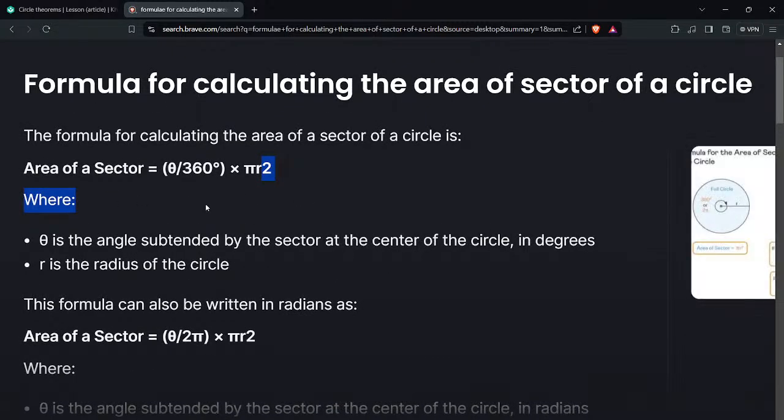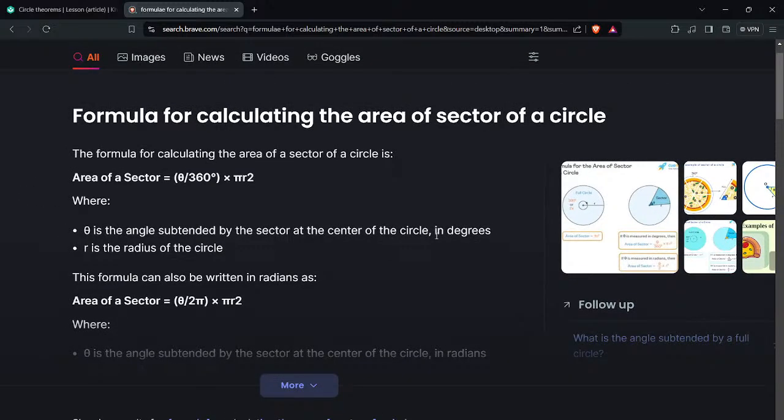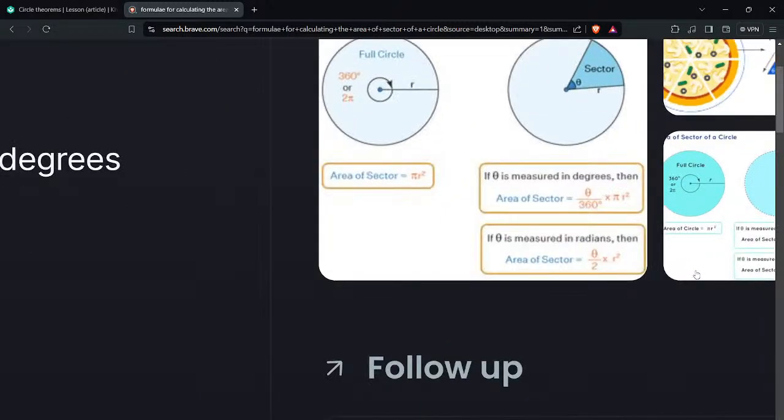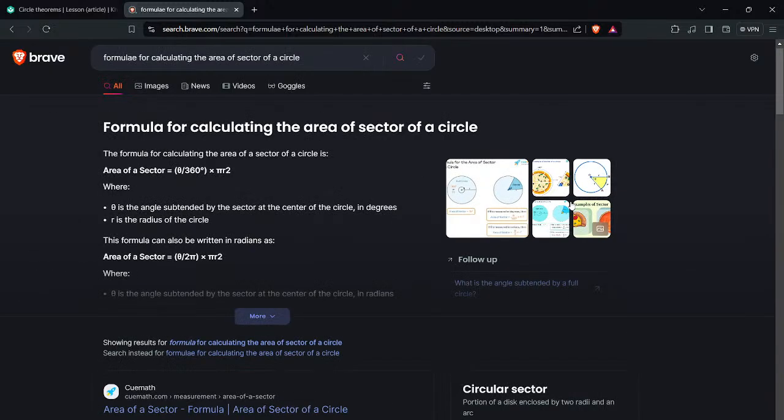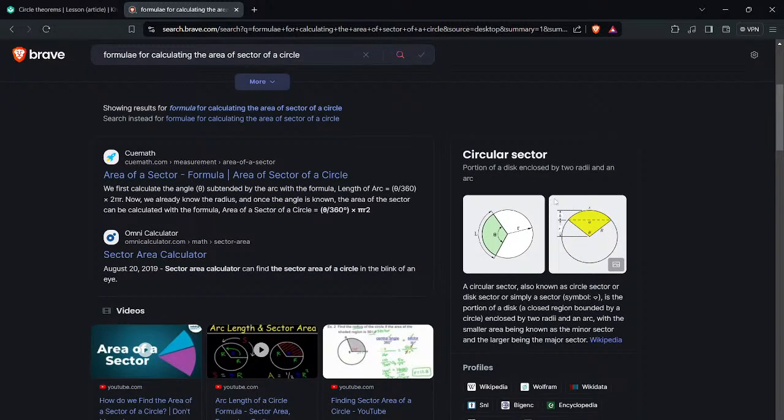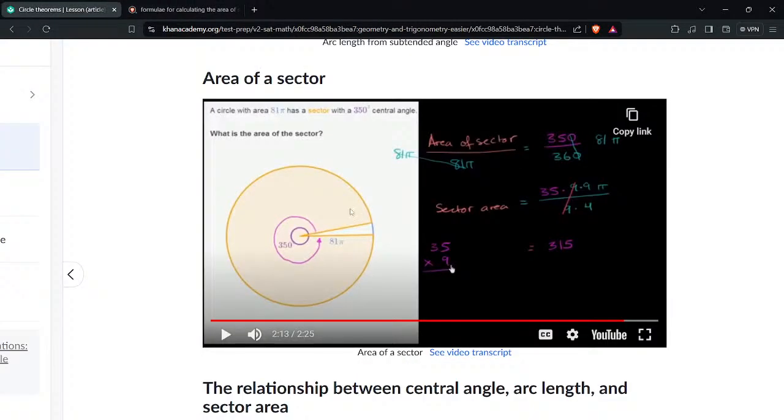Okay, it's theta over 360 times pi r squared. There you go, it's that easy. So theta is 350 over 360 times pi r squared.